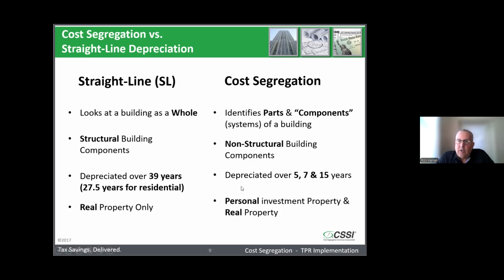Now, cost segregation also applies to real property and personal property. What this means is, for example, if you buy a restaurant and it includes the kitchen and all the appliances, and that includes also residential and other commercial properties, that is part of what you paid for.